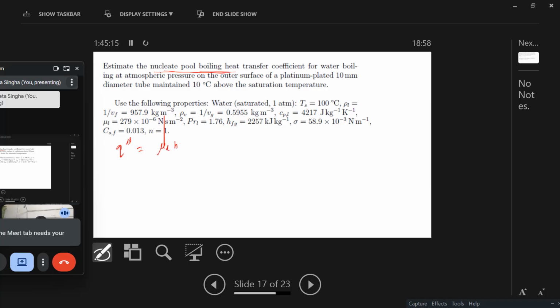Q is equal to mu L HFG times the square root of g into rho L minus rho V divided by sigma, into CPL into delta T_e, divided by C_sf into HFG into Pr_L to the power n, whole to the power 3.